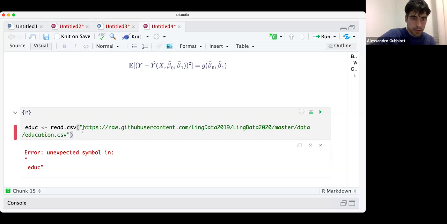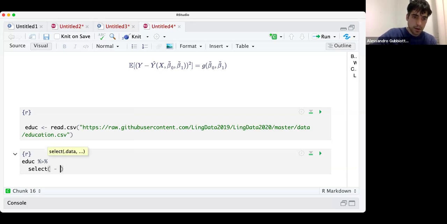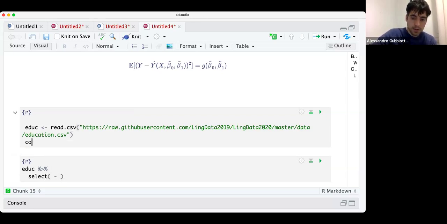What happened here? We select the numeric columns, so select from educ. Let's look at the column names.